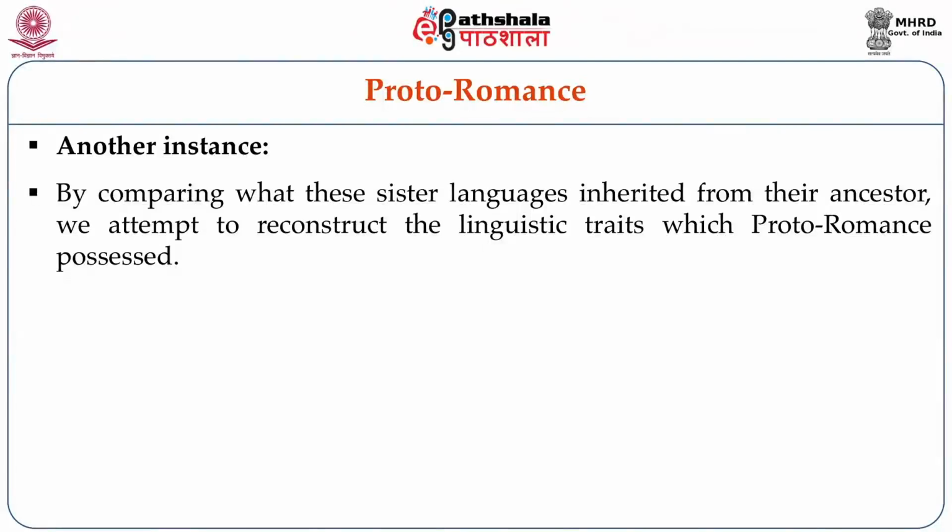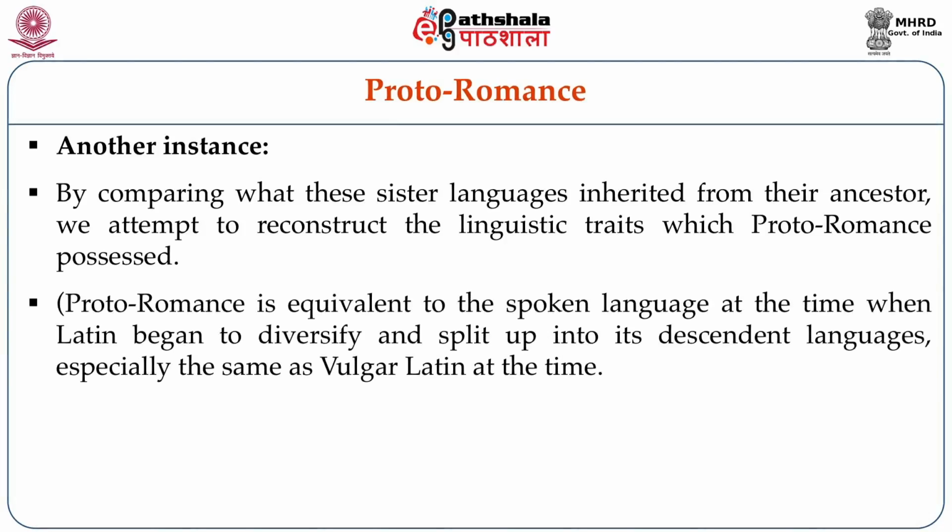By comparing what these sister languages inherited from their ancestor, we attempt to reconstruct the linguistic traits which Proto-Romance possessed. So here we are taking Romance languages. Proto-Romance is equivalent to the spoken language at the time when Latin began to diversify and split up into its descendant languages, especially the same as Vulgar Latin at the time.